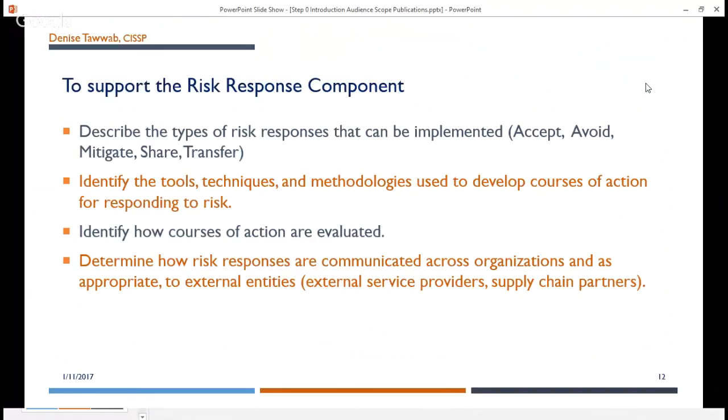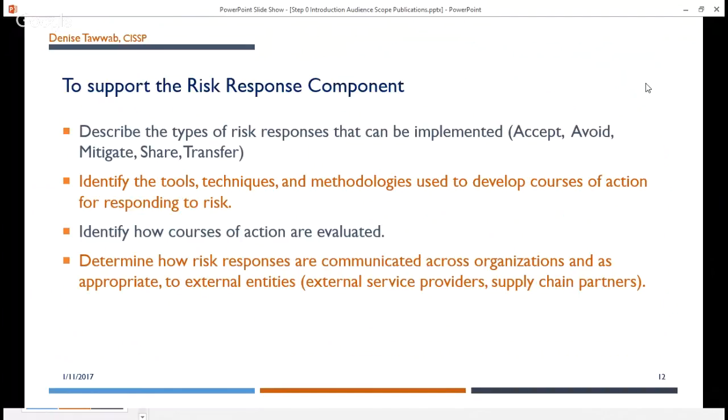To support the risk response component, we have to describe the types of risk response that can be implemented, whether we're going to accept the risk, avoid it, mitigate it, share it, or transfer it. And then we have to identify the tools, techniques, and methods that we'll use to develop courses of action for responding to risk. How are we going to make those decisions?